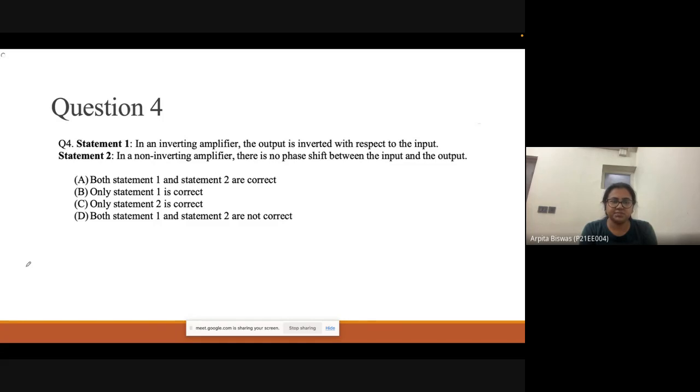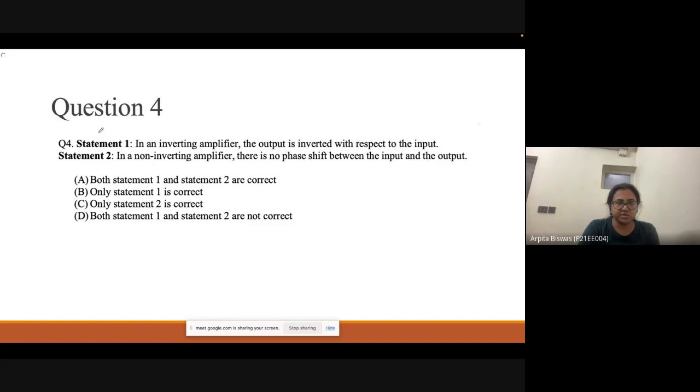What is the right answer? So for this case, statement 1: in an inverting amplifier, the output is inverted with respect to the input.